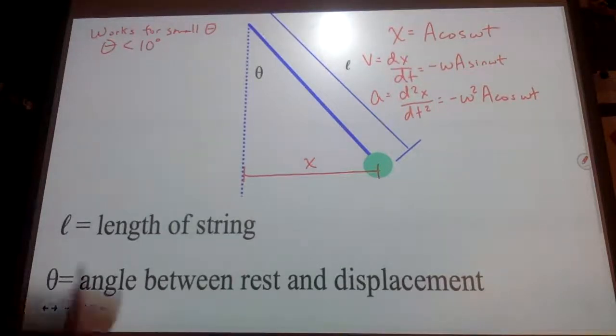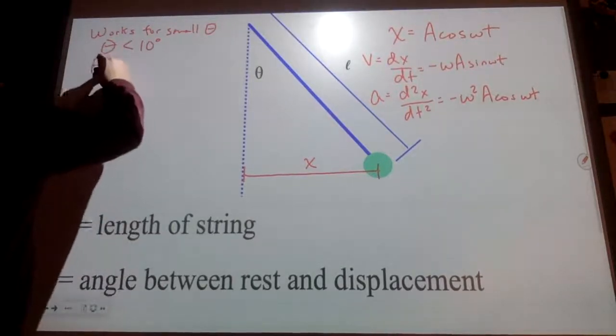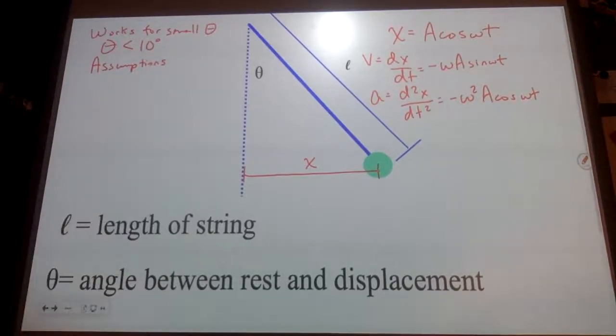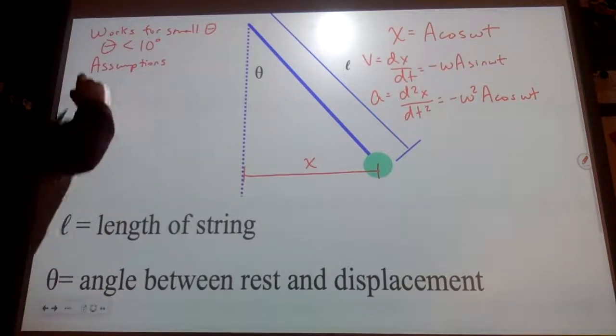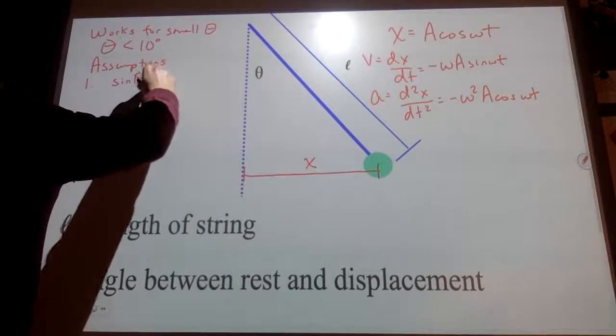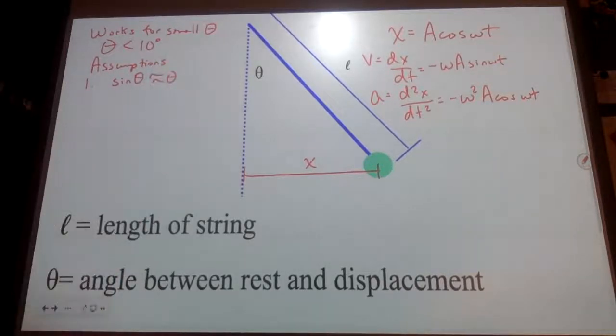And so in these assumptions, our first one is going to be that sine of theta is almost exactly theta for small angles.